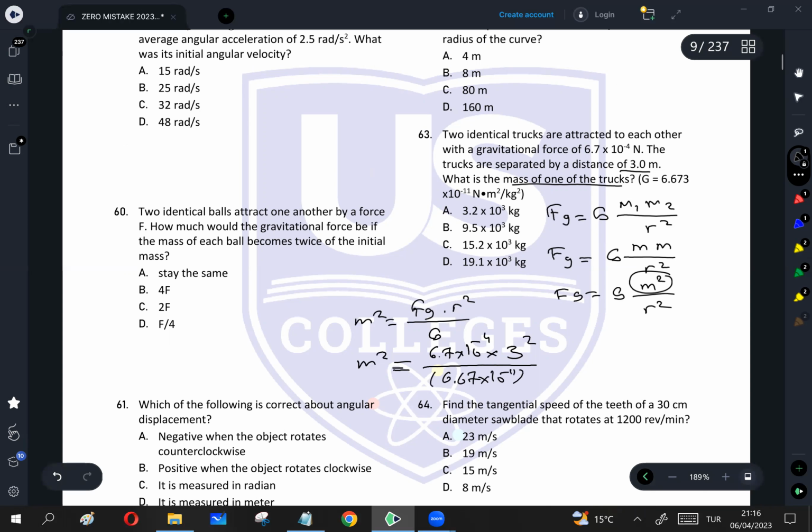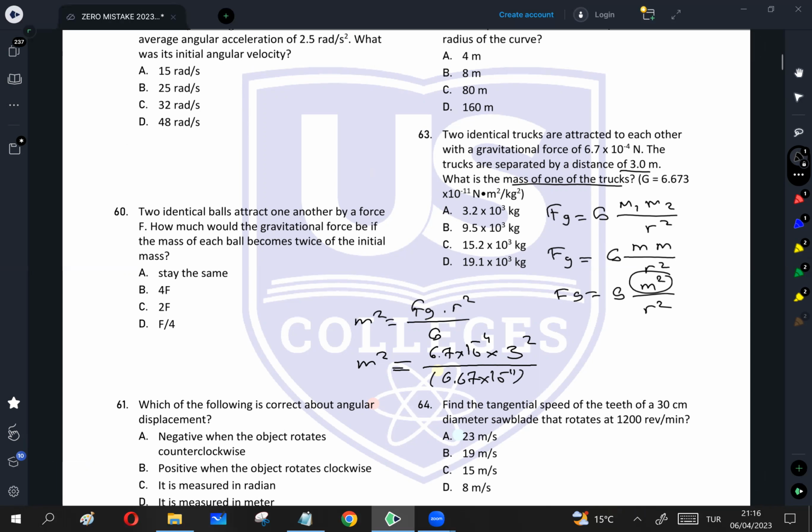So let's calculate m squared first: 6.7 times 10 to the power of negative 4 times 3 squared, divided by 6.67 times 10 to the power of negative 11.